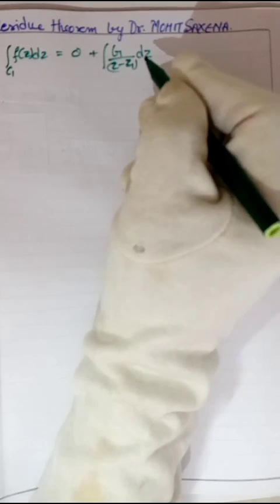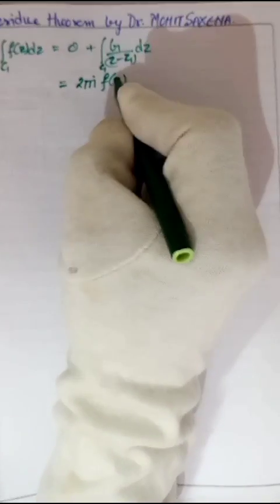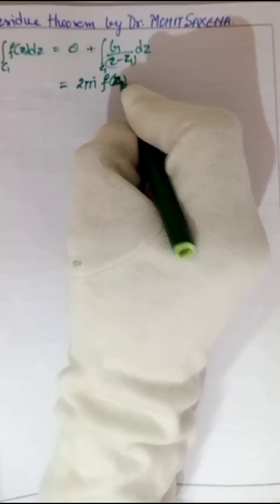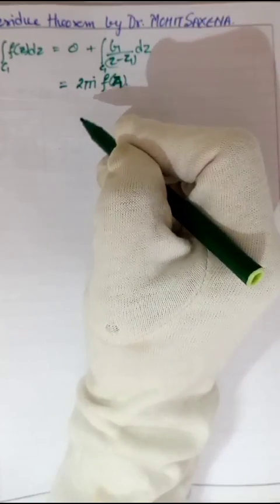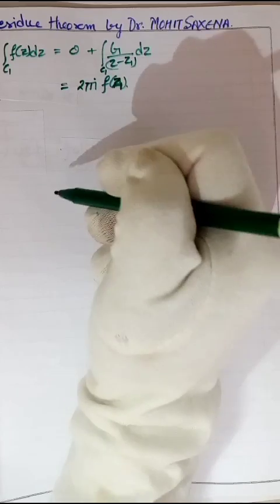Now by Cauchy integral formula, we know the value of this integral over C1 is equal to 2 pi i times f of a, or the residue at z1. The value of this is equal to 2 pi i times the residue at z1.